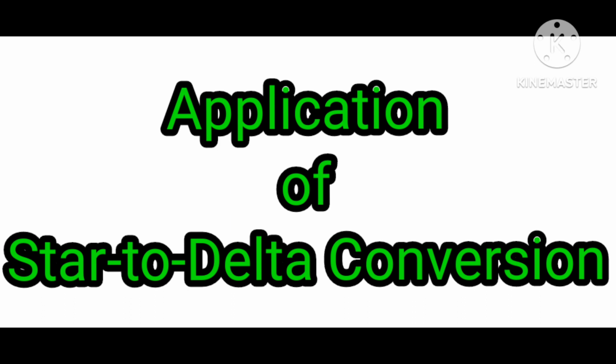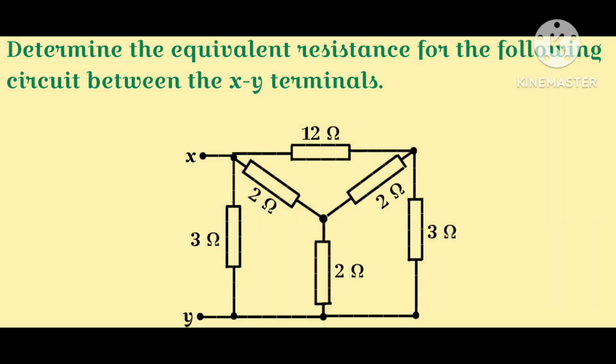Let's apply the star to delta conversion idea to circuit 1 already shown in an earlier slide. We need to find the equivalent resistance between the XY terminals for the circuit given below.